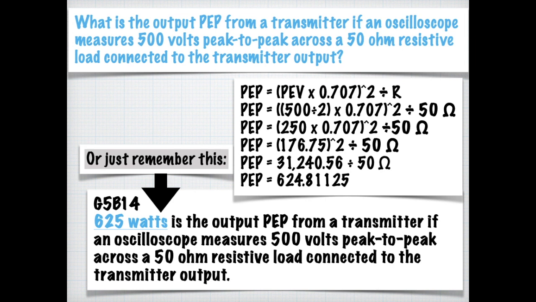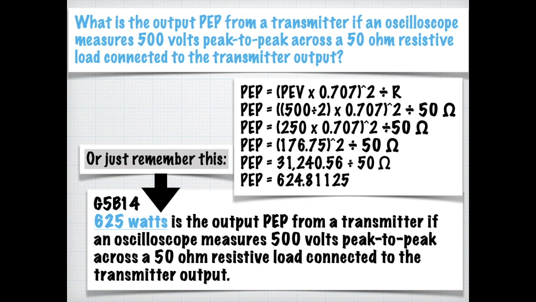So that gives us 250 times 0.707, which is 176.75, squared, divided by 50. That is 32,240.56 divided by 50, which gives us a result of 624.181125.